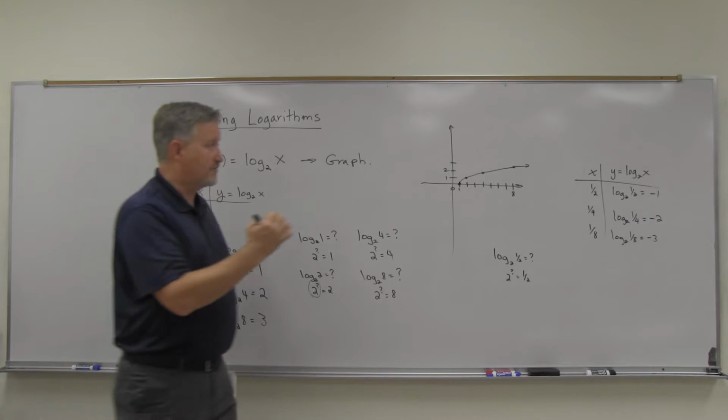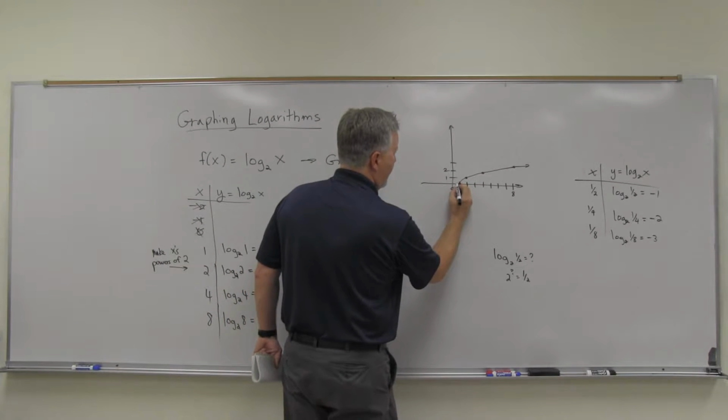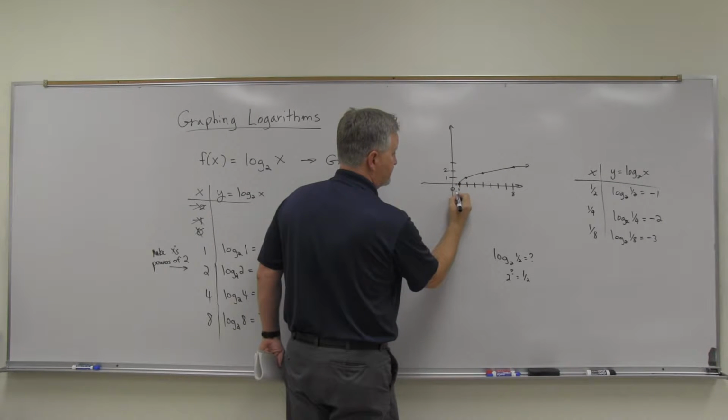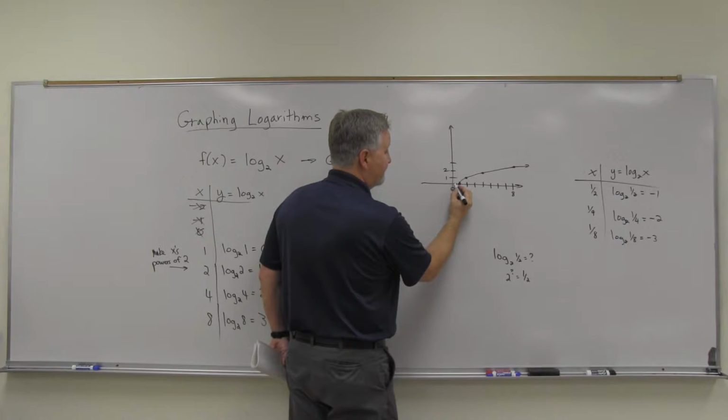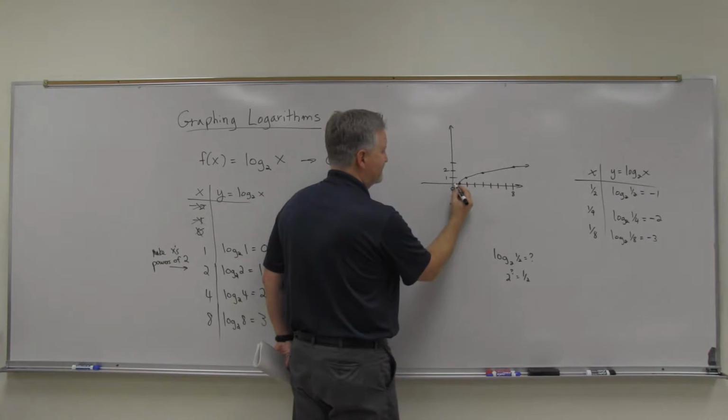Well, I show you those because here's what's happening. At a half, x is a half, I've got -1. At a fourth, so halfway between a half and 0, I've got -2. And then at an eighth, which is halfway between a fourth and 0, I've got -3.